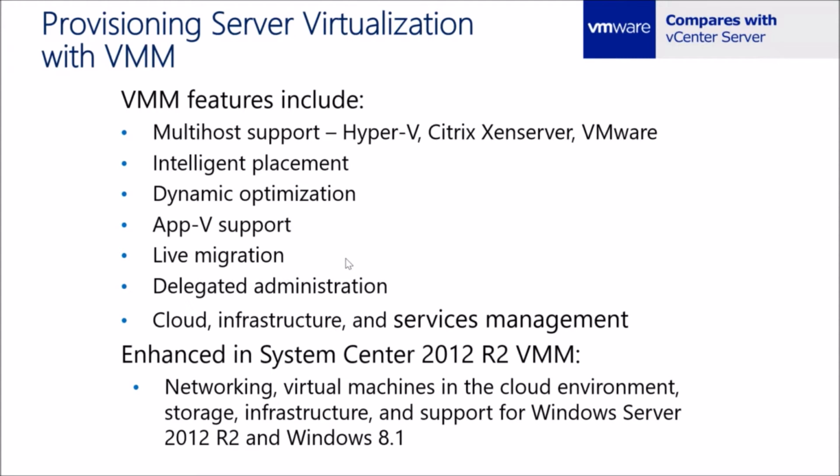With VMM, there are some features that we were able to use that we couldn't use, or couldn't use to the extent we could previously. So there's intelligent placement. One of our topics will actually be creating a new virtual machine. Once we've got the hosts in VMM, intelligent placement basically tells us where to put the virtual machines.